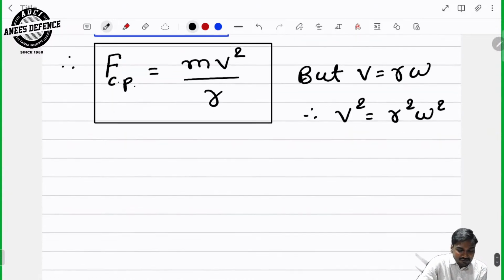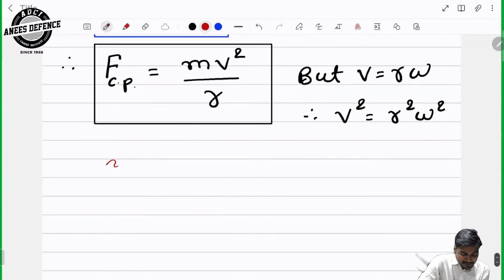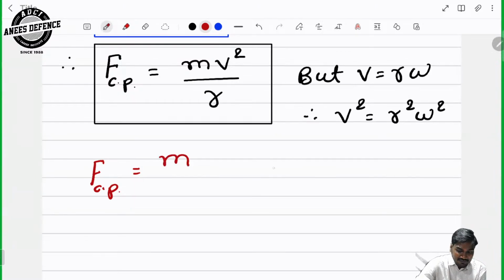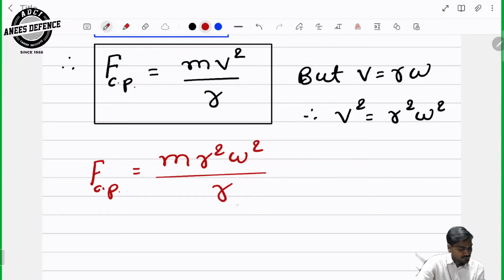So if you want to write the centripetal force formula in terms of angular velocity, mass will be the same, m, and v square you can write as R square omega square, upon R.